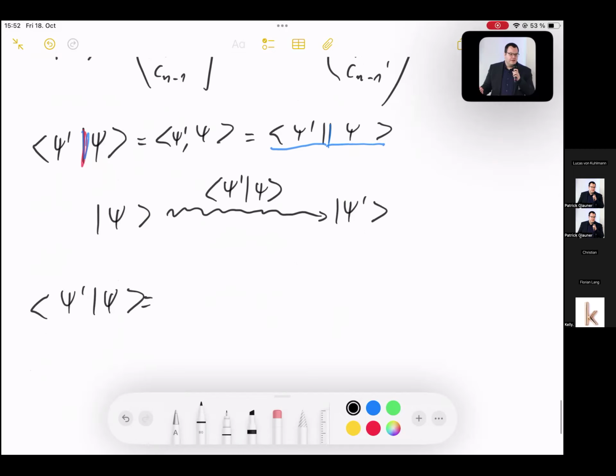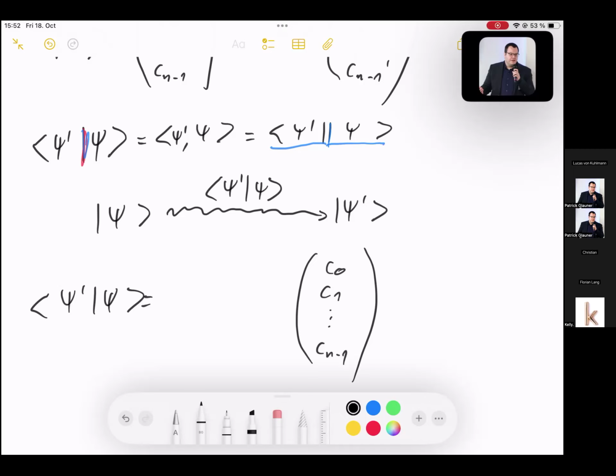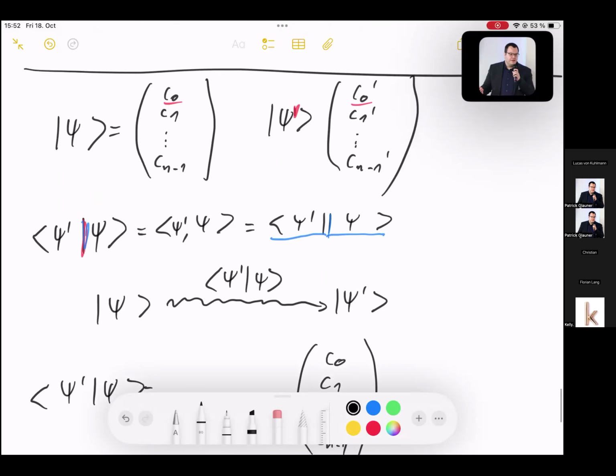The psi is just a column vector, C0, C1, up to Cn minus 1. And we had our psi prime up here as a ket, so psi prime ket, but we need it as a bra.